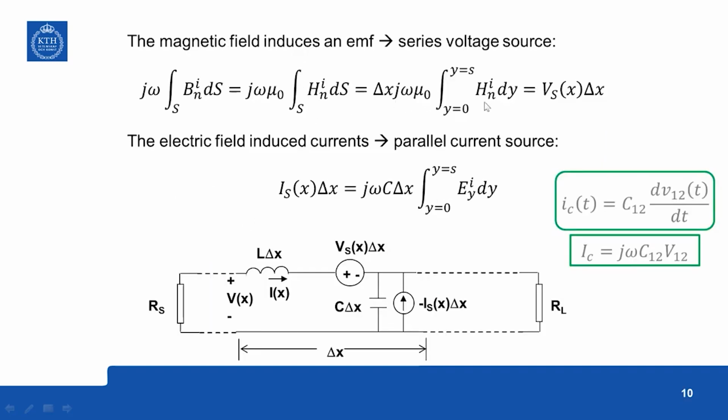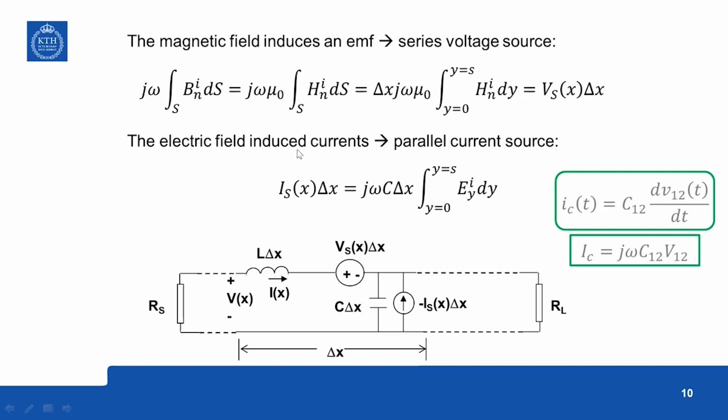So delta x, then y equal to 0 to s, you are integrating H across y. So this will be equal to a voltage times delta x. So j omega mu 0 integral 0 to s H dy is the voltage source. Then delta x.